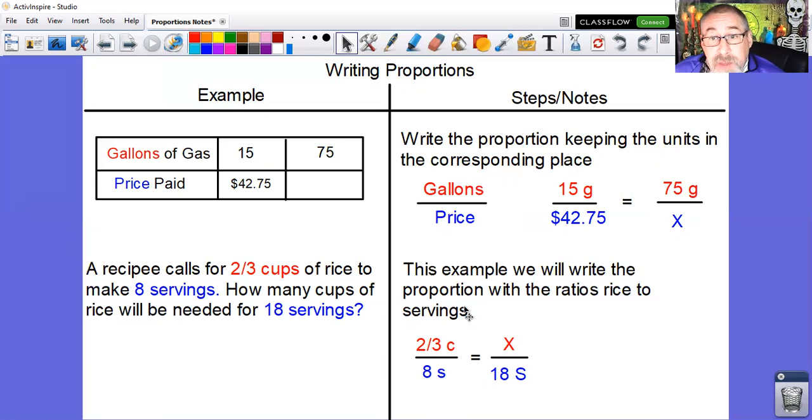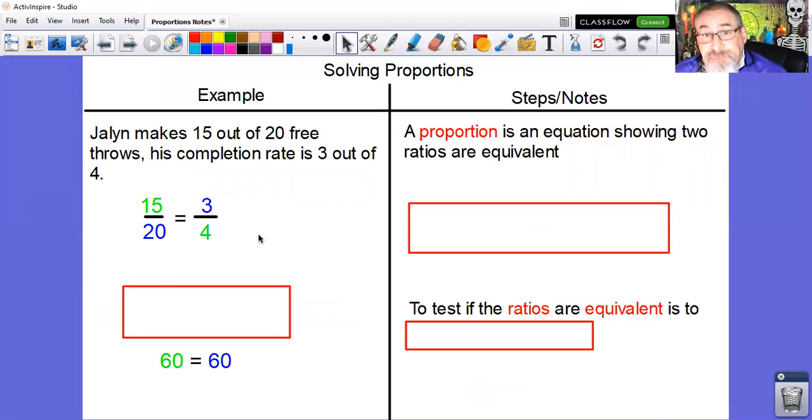As long as we make sure to have the unknown, the cups of rice, over their servings, we're fine. As long as the parts, the units, match on both sides of the equation. So these are all different ways of writing our proportions, how we can read a problem and then write the proportion for it. Now we're going to actually look into solving the proportions.